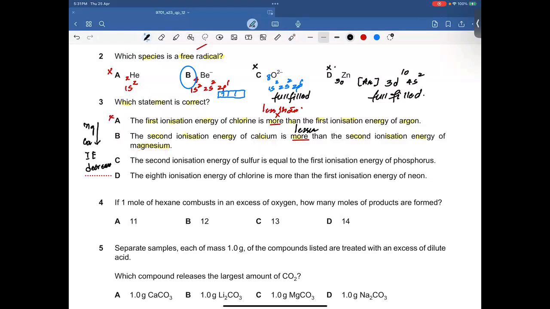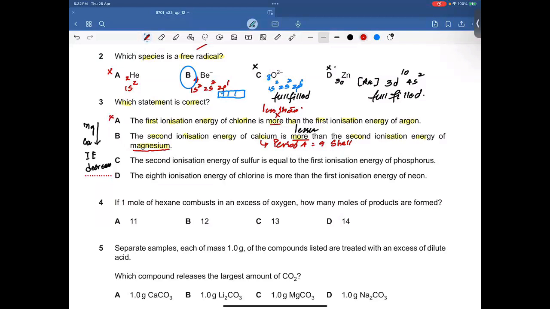Okay. And also, calcium is found in period 4, so it has 4 shells.